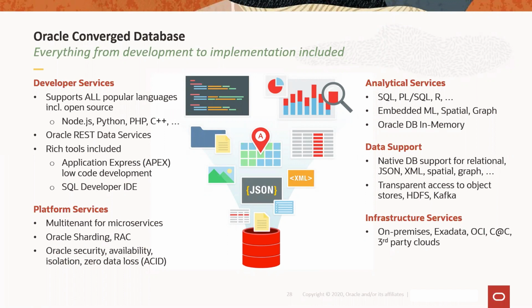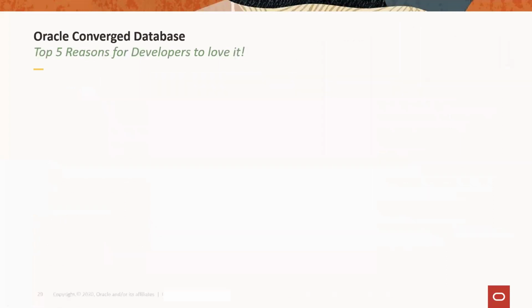You don't have to do anything extra. It's there. If the database is there and it's already supporting the security and availability, et cetera, so you don't have to worry about that as a developer. You certainly don't want to be putting that into your application code when it can be centrally architected in the database.